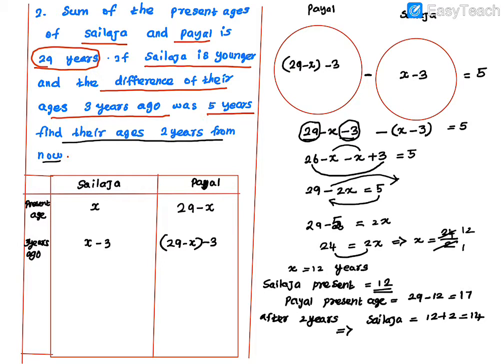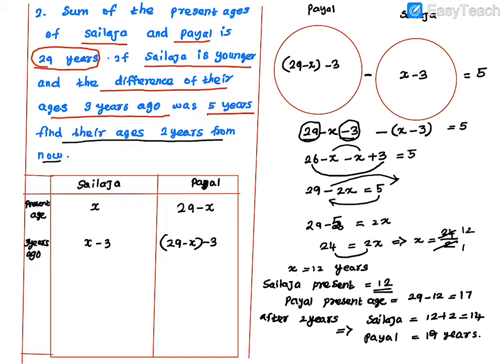And next, Payal's present age is 17 years, so 17 plus 2, we have to add, so 19. So the answer, students: 14 comma 19 years old.